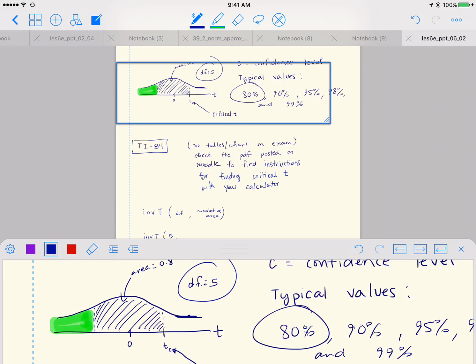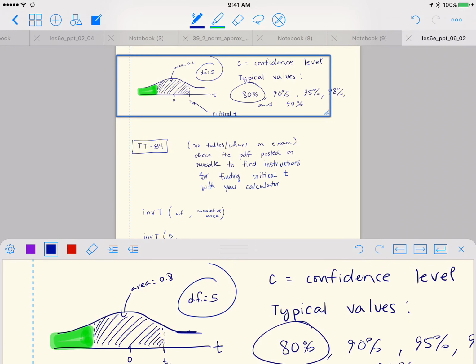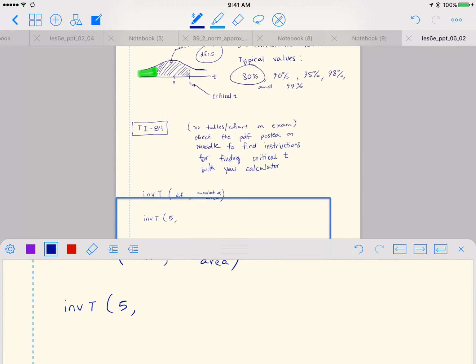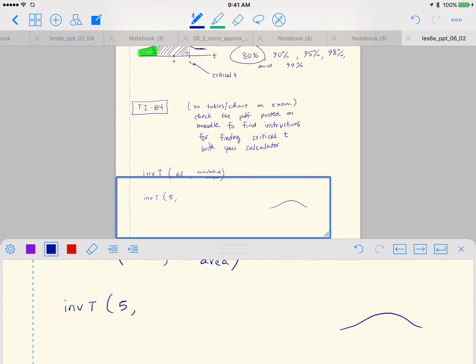Well, this is where I use my picture. If all the area under the curve is equal to 1, then let me do a little sketch over here. I've got this little piece right here. This area is equal to 0.8. And that means that these two areas have to add up to 0.2.